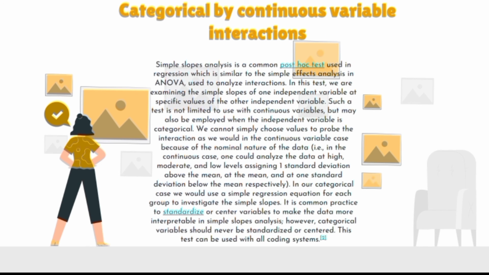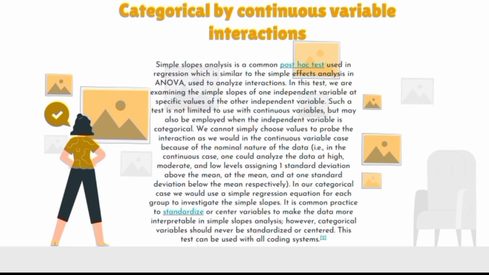Okay, next, categorical by continuous variable interaction. Simple slopes analysis is a common post hoc test used in regression, which is similar to the simple effects analysis in ANOVA. Used to analyze interaction, in this test, we are examining the simple slopes of one independent variable at specific values of the other independent variable.